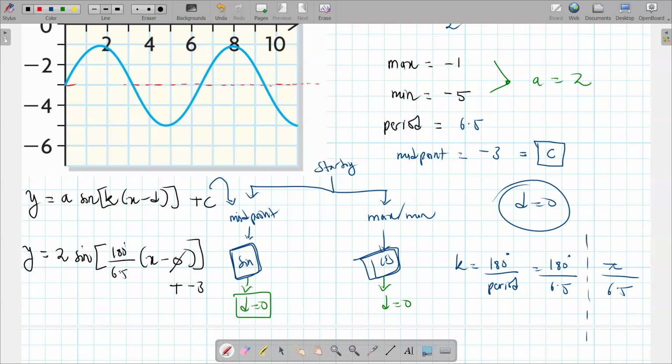It's not terribly difficult. Let's plot it in and see if it makes any sense. So again, I'm going to change that 180 over 6.5 into pi over 6.5 because Desmos has better visuals with pi.